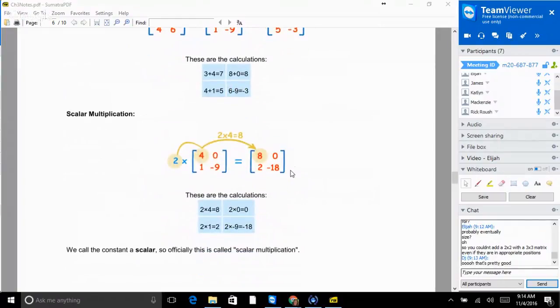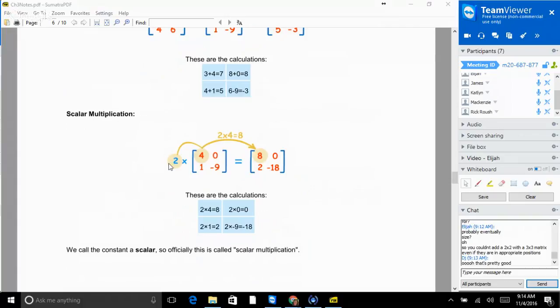Okay. We're going to talk about something called scalar multiplication. So this is also allowed in the world of the matrix. Okay, so scalar multiplication means that you're going to multiply a matrix by a constant, which is called your scalar. So this particular 2 by 2 matrix is getting multiplied by 2.